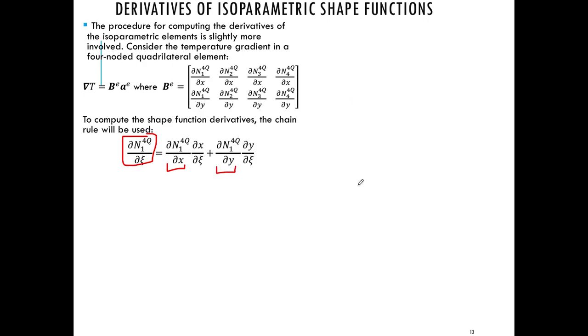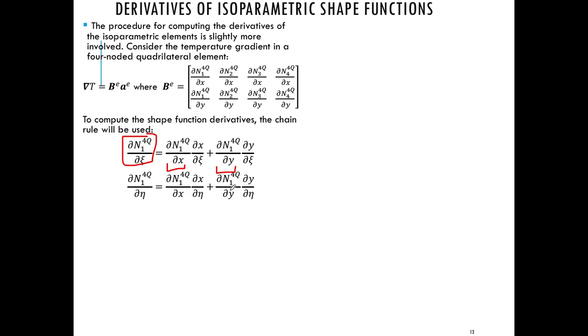Right. And I'll remove the lines in just a second. Using the same concept of the chain rule, I can also write down my derivative of n1 with respect to eta. So del n1 with respect to eta is basically this expression right here, del n1 with respect to del x multiplied by del x by del eta.